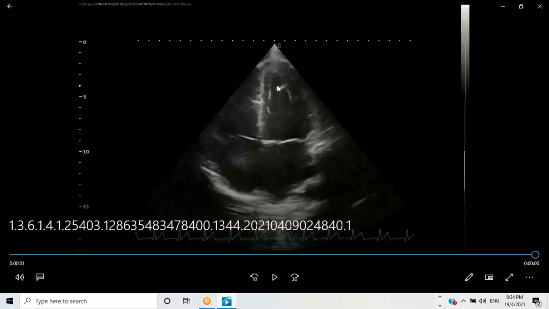So it's your LV cavity, lateral wall, the apex. This is your septum. This is your mitral valve. This is the anterior leaflet, posterior leaflet. This is the left atrium, pulmonary vein, atrial septum is right there. It's your right atrium, right ventricle.